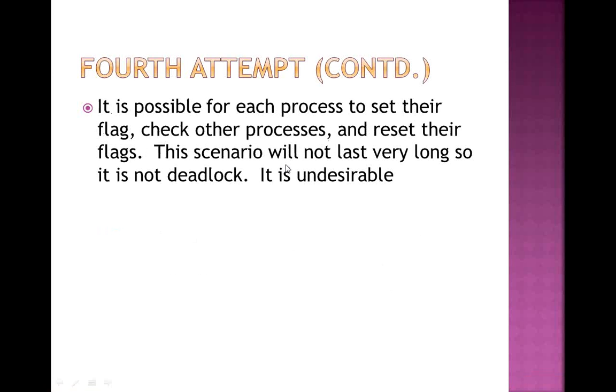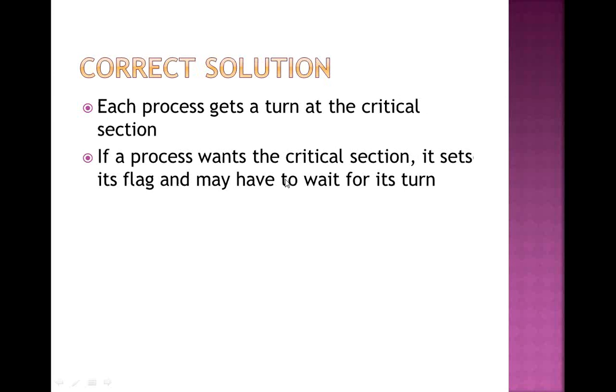Now it is also possible for each process to set their flag and check the other processes. In simple terms, these are the various attempts at how shared resources will be accessed by only one process. What is the correct solution? The correct solution is that each process gets a turn at the critical section.